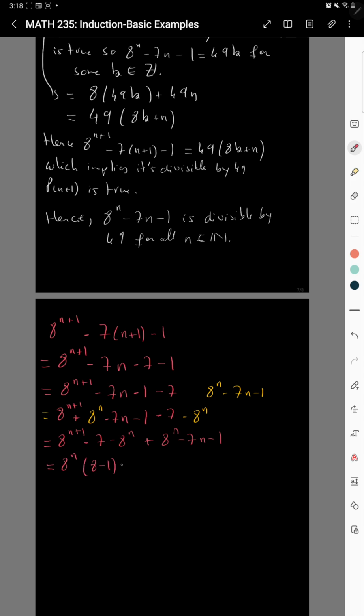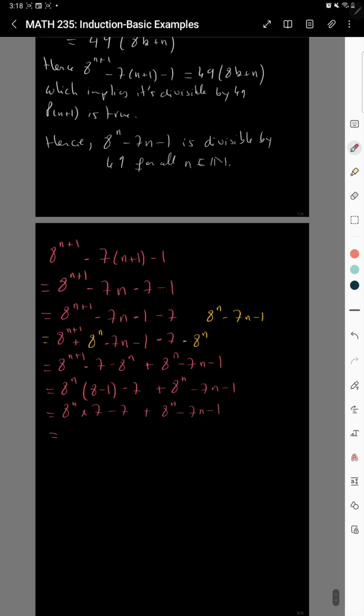I get 8 minus 1 minus 7. This is 8 to the n times 7 minus 7 plus 8 to the n minus 7n minus 1. Now here, this method is a bit longer, but it still leads to the correct answer, as we'll see.